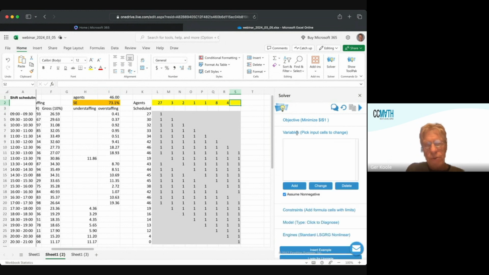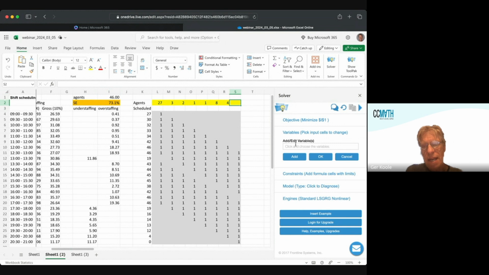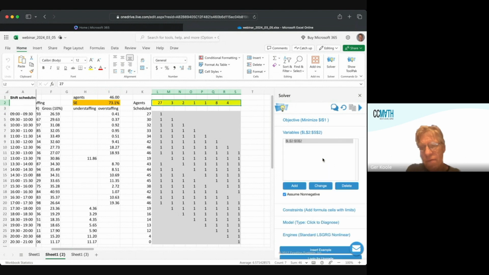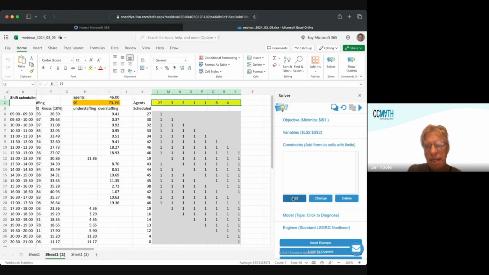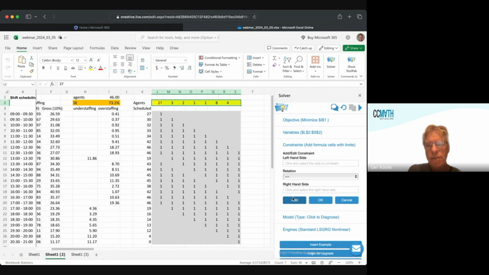Okay, the variables. So these are the yellow ones. We have to say add, and now click, and then we can add the variables like this. Okay, and that is okay. These are all the variables. So far, so good. And we have to add the constraints. So what is the constraint?